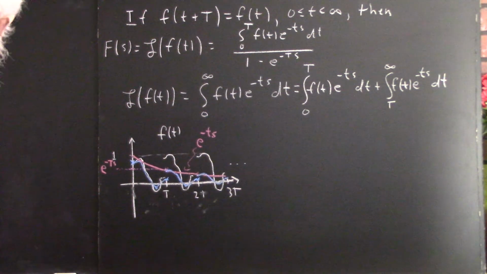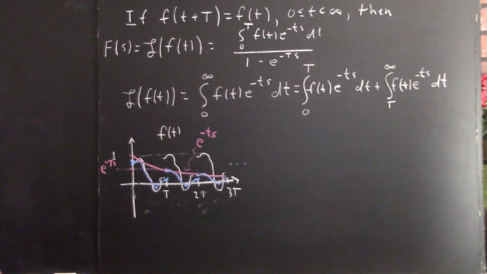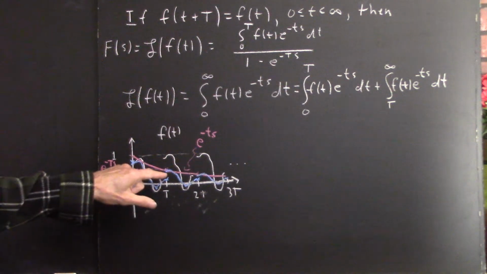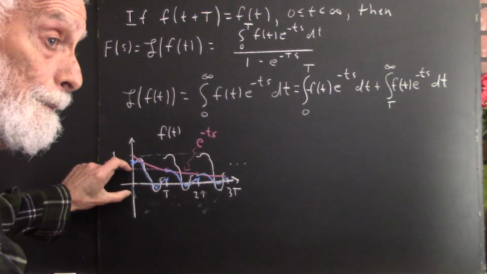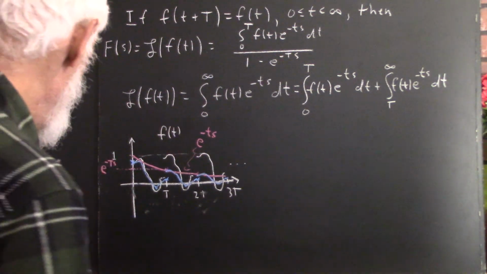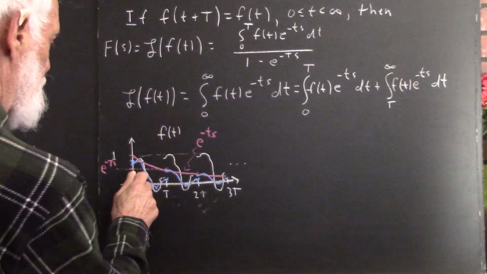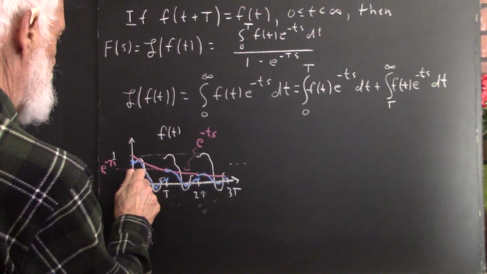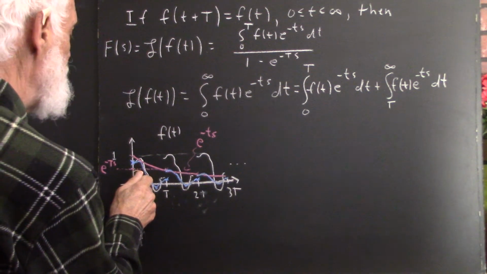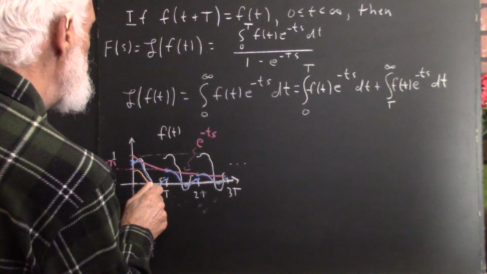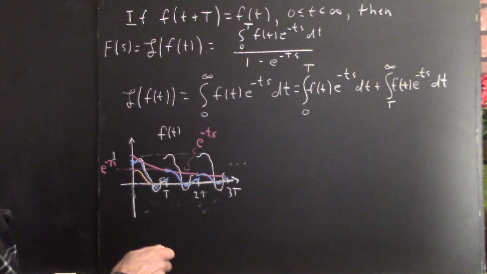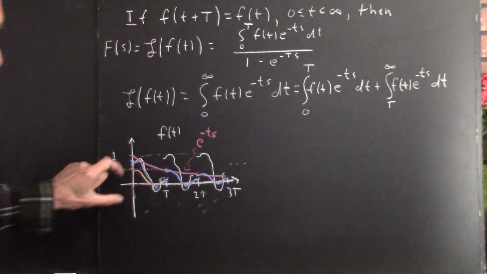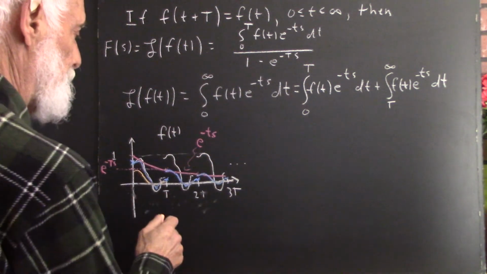Okay? Now I'm not going to go through the detailed argument, although it wouldn't be hard to make. If I pull this blue graph back to here, then it's going to look like this. This period comes back to here. This period comes back to here.